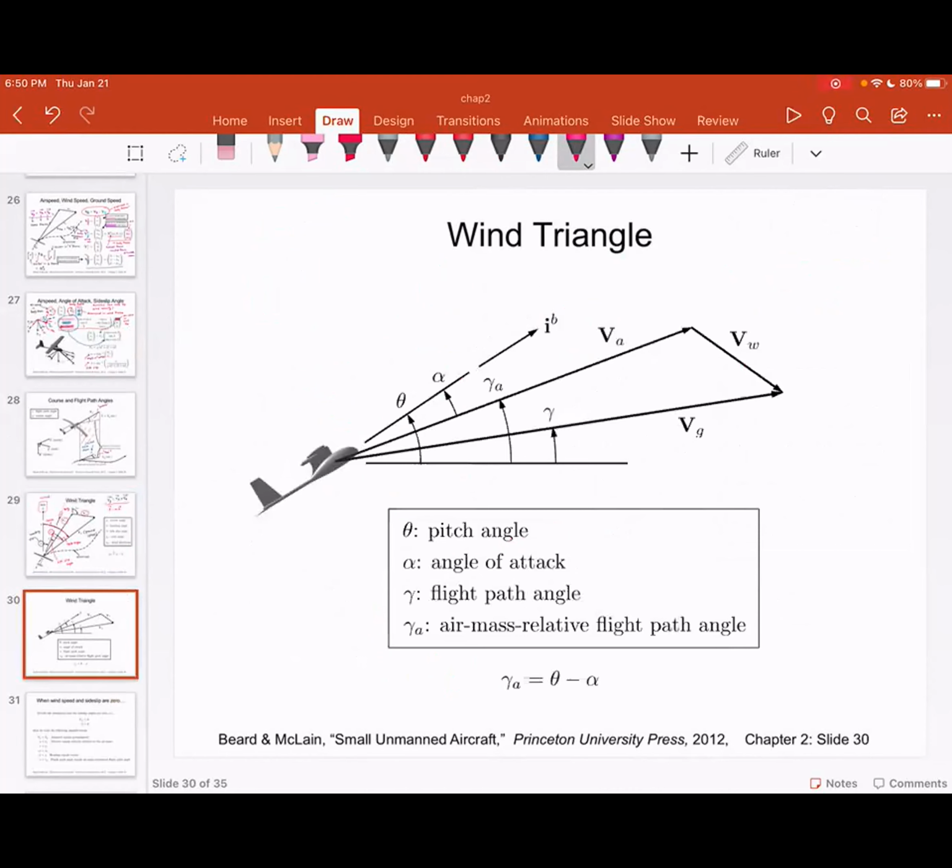If you look at the wind triangle in the side view, we just saw the wind triangle in the top view, but in the side view you will realize there is angle of attack. This is angle of attack, and this is pitch angle. There is a difference between the pitch angle and the angle of attack because there is something called the air mass relative flight path angle.